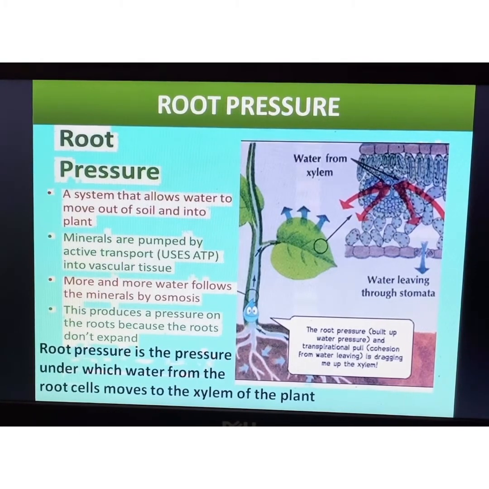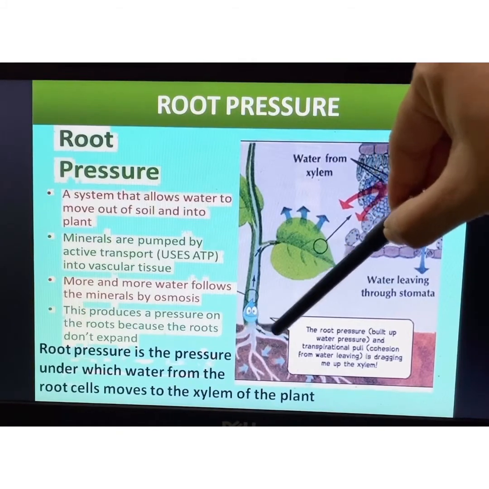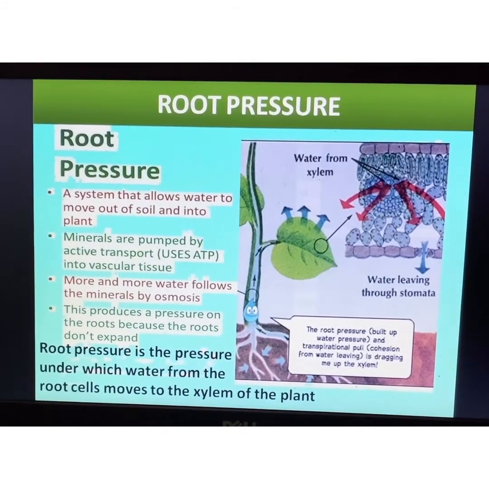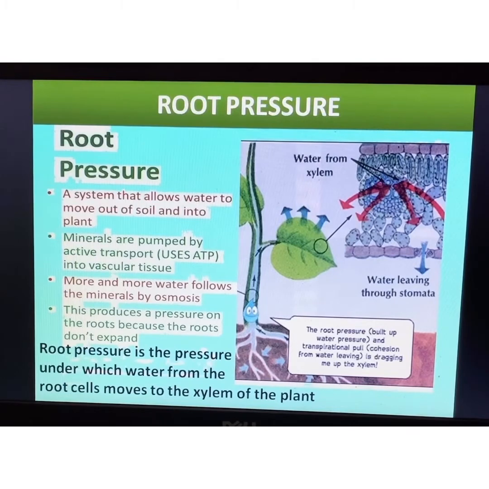Now root pressure is nothing but the pressure under which water from the root cells moves to the xylem of the plant. From the root cells it will enter directly to the xylem, crossing many cells in between: the outer epidermal layer, then the cortex cells, then your xylem and phloem.